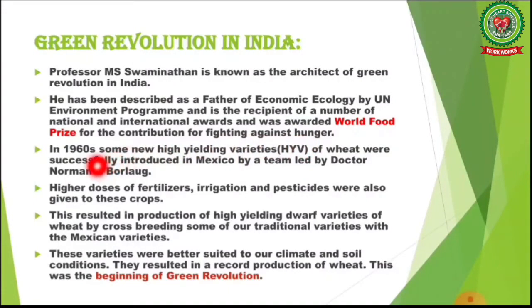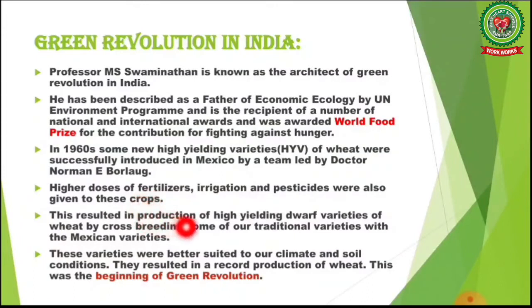In 1960s, some new high-yielding varieties that are HYV of wheat were successfully introduced in Mexico by a team led by Dr. Norman E. Borlaug. Higher doses of fertilizers, irrigation, and pesticides were also given to these crops.